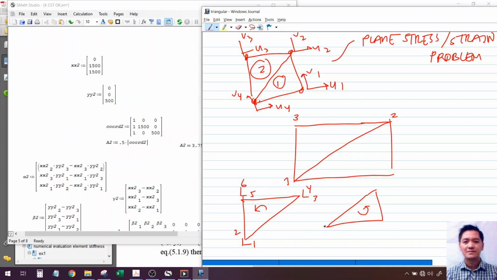Counterclockwise, no? As much as possible, consistent yung orientation natin. So, ito naman yung ginawa kong 1, 2, 3. Or, this becomes 1, 2, 3. So, 1, 4, 3.